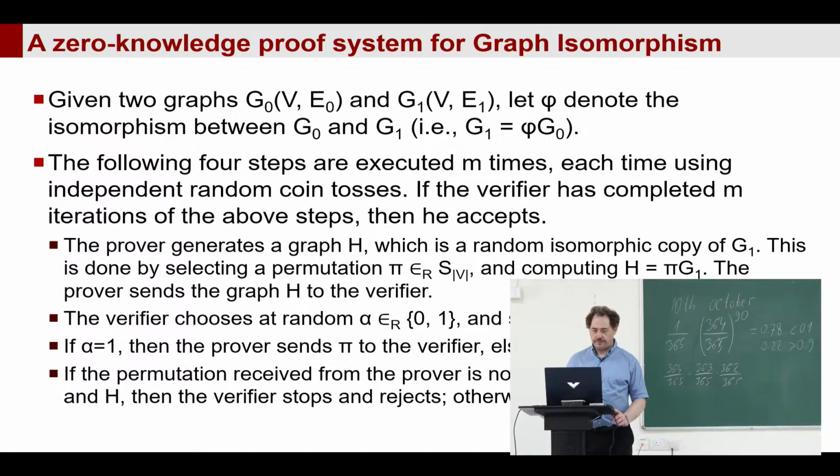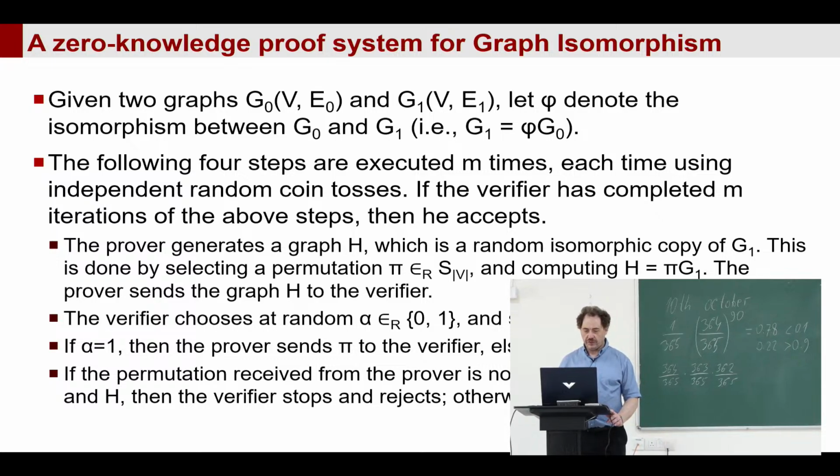So the idea of the proof is as follows. We execute 4 steps a certain number of times, and each time we use independent random coin tosses. If the verifier completes all iterations successfully, then he accepts, otherwise one failure and the verifier rejects. So what happens at each step?